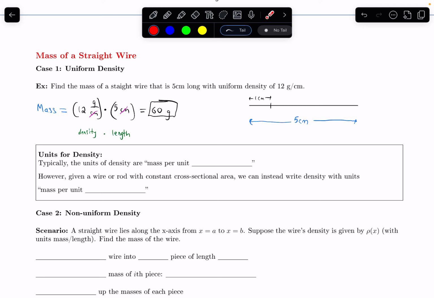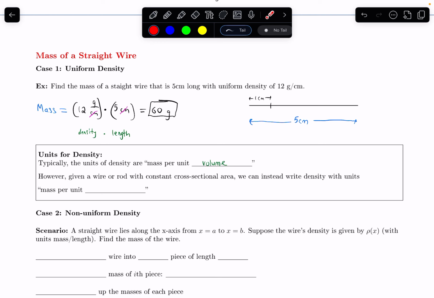One of the things that you might remember about density, if you've seen it before, perhaps in physics or science classes, is that usually the units are mass, like grams, divided by a unit of volume.